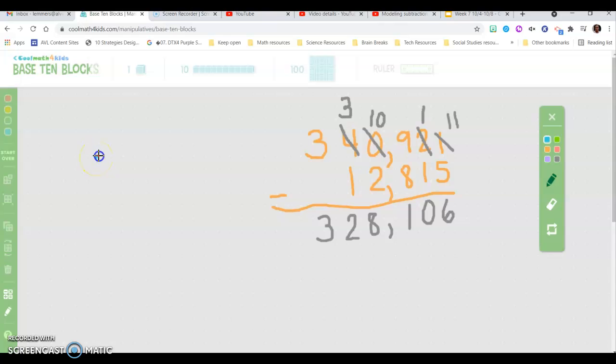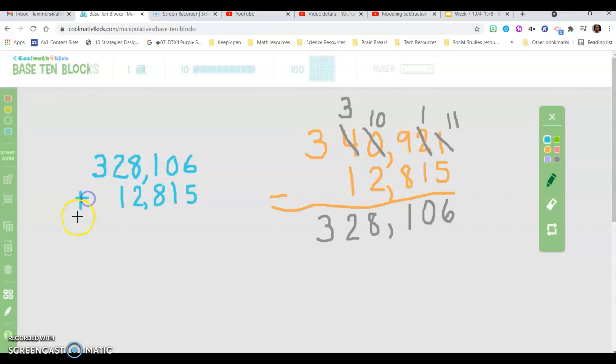I didn't show this in my last video, but I'm going to go ahead and show it now. So if I take both of my smaller numbers, the 328,106, and I add that with my 12,815, and yes, boys and girls, do your best to make sure that you have things lined up.